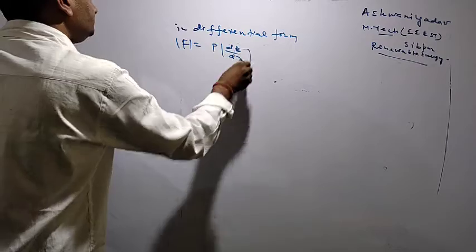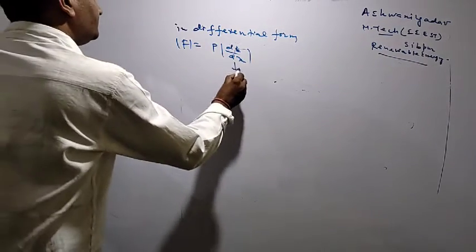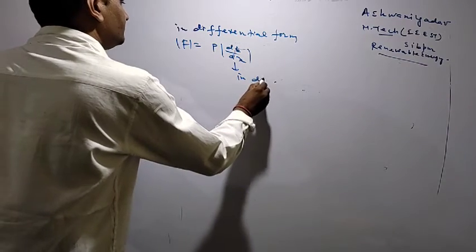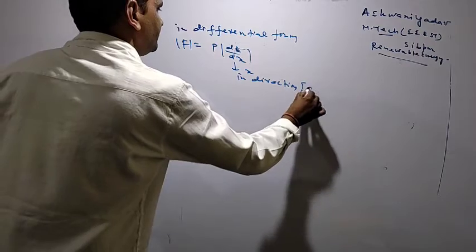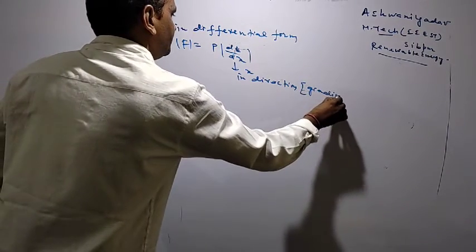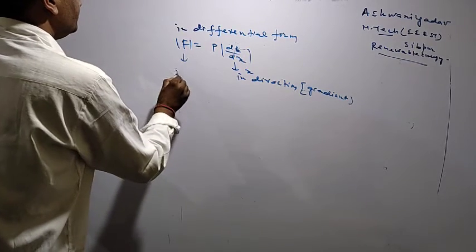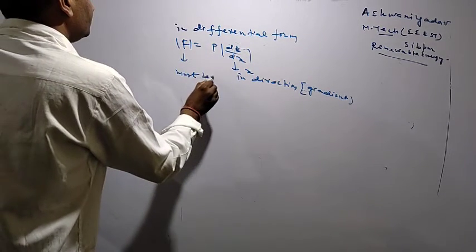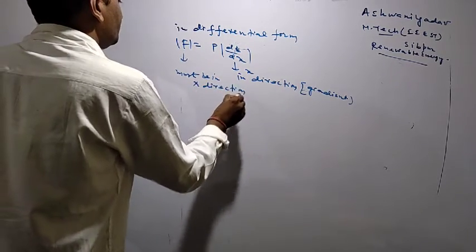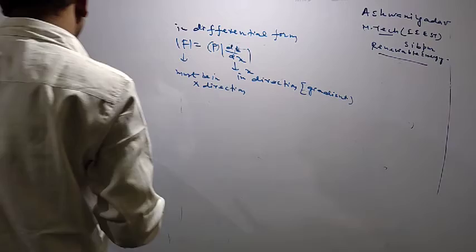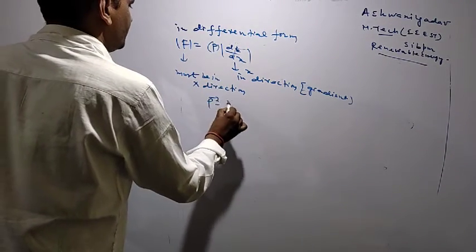This is the force in x direction, and this is the electric field gradient. So the force must be in x direction. This is also a vector quantity, and the dipole is also a vector quantity.